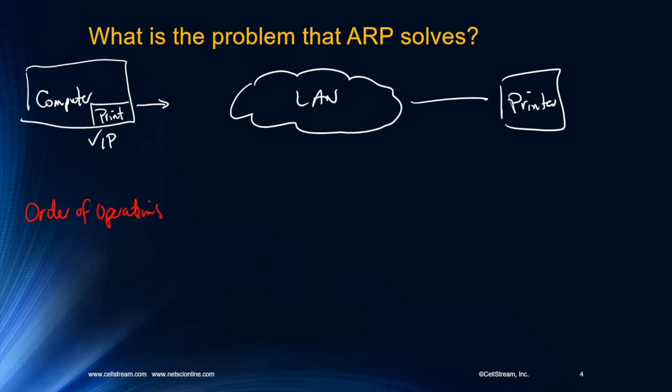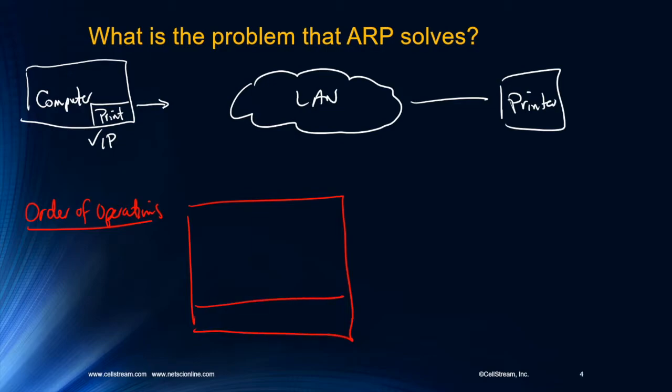So the order of operations in your machine follows that layered protocol model, or think of it like a layered cake. Okay, so we have layer 1, layer 2, layer 3, and layer 4 and above. Layer 1 is your physical layer. So this is where we transmit the actual bits.